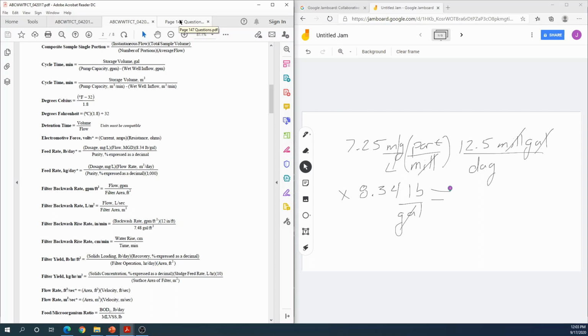And this gives us an answer of 7.25 times 12.5 times 8.34, which is equal to 755 pounds per day. But we're looking for an answer in pounds per minute. So we know that in 1 day, there's 24 hours.